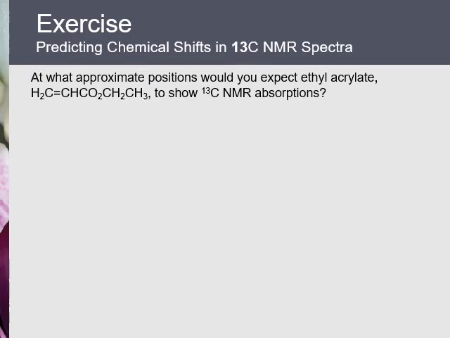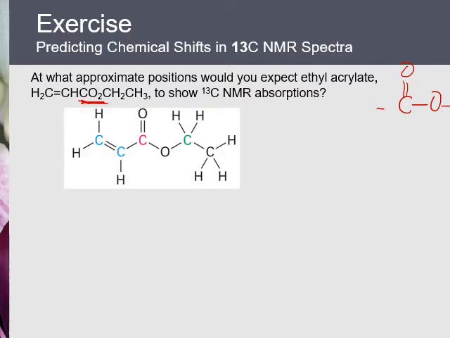Sample question. At what approximate positions would you expect ethyl acrylate to show carbon-13 NMR absorption? First, draw the structure. When you see CO2 in an organic molecule, that represents a C=O double bond, with another C-O single bond. So here is the structure, and the two sp2 hybridized carbons involved in the double bond should be in the range 110 to 150.